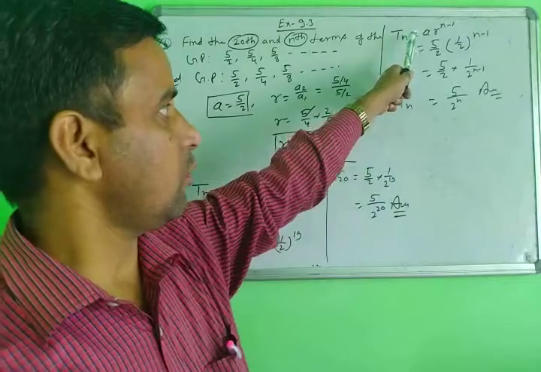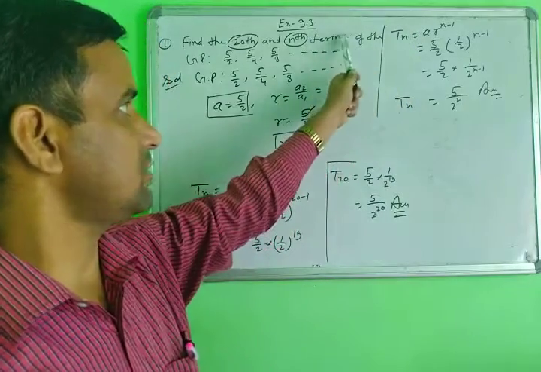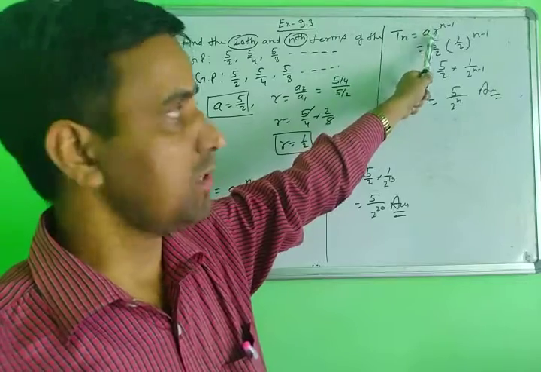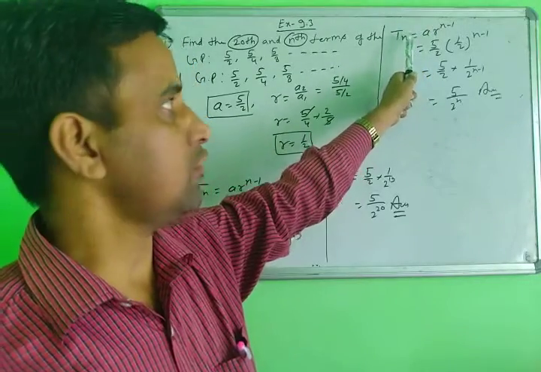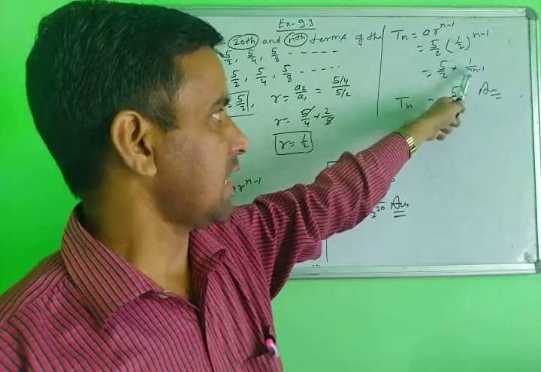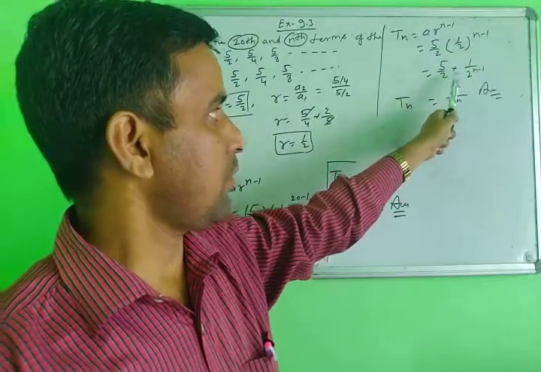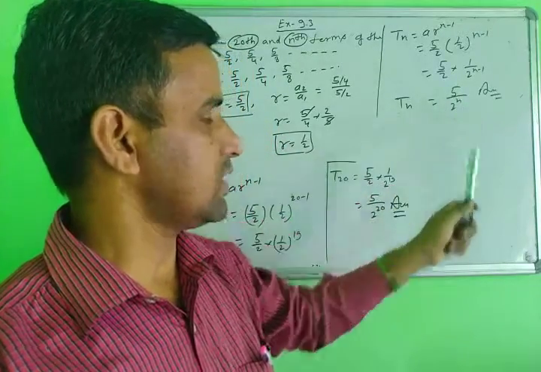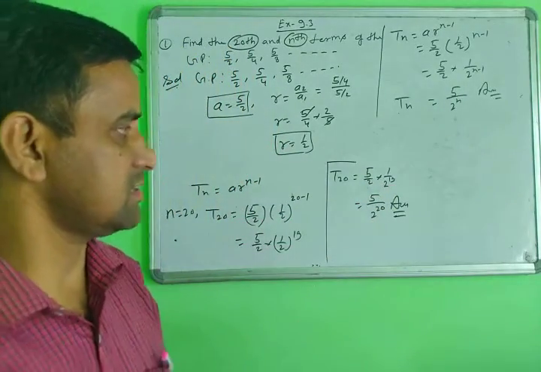Suppose you have to find only the general term Tn, the identity is the same, but you don't put a value of n here, you put only the values of A and R. Calculate the powers of 2 and add, then you will get only n: 5 upon 2 exponent n. This is your second answer.